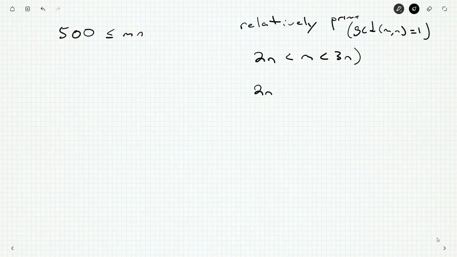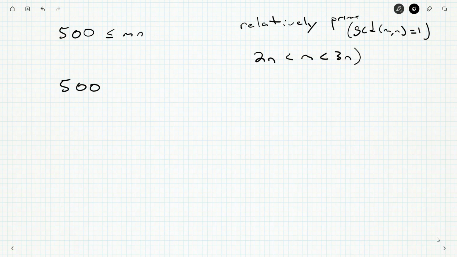Well, 4n squared is going to have to be less than 2mn. That's not especially helpful, but 3mn has got to be less than 9n squared, and so that's got to be greater than 1,500. Nah, I don't know. I don't think that's particularly useful.